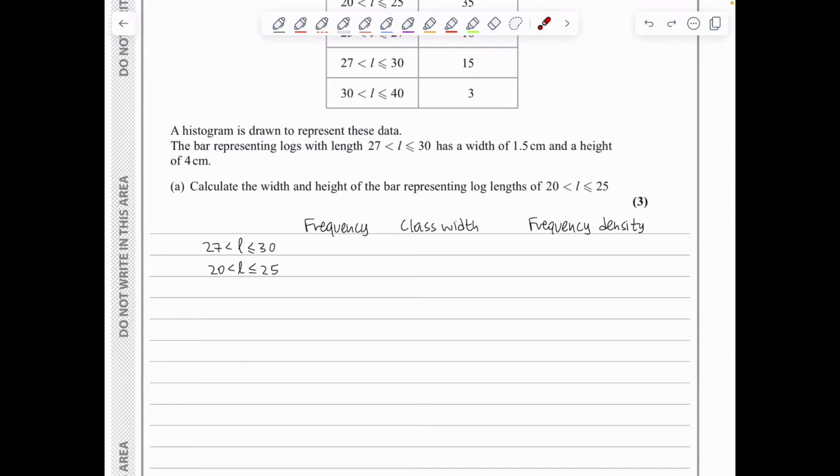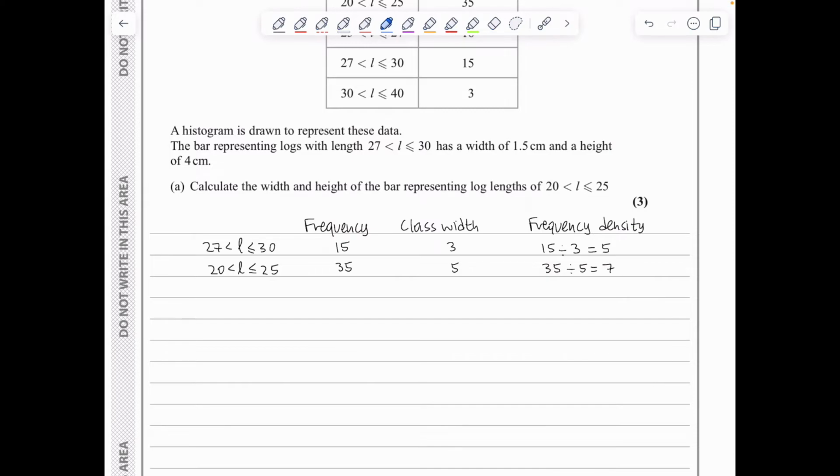So for the 27 to 30, the frequency is 15, whereas for the 20 to 25, it's 35. Now the class width is the difference between the class endpoints, so it's 3 and 5 respectively, and the frequency density is simply the frequency divided by the class width, so 15 over 3 is 5, and 35 divided by 5 is equal to 7. Now let's put the dimensions.